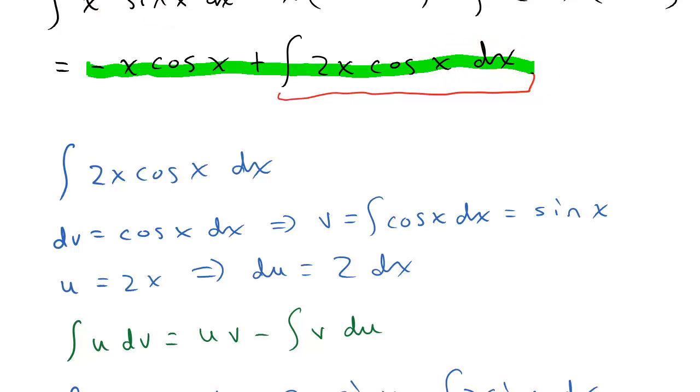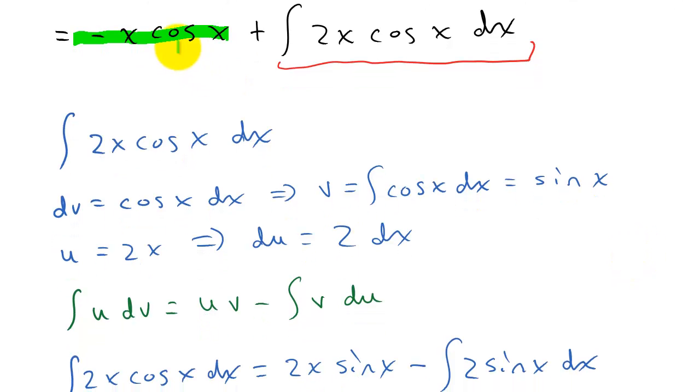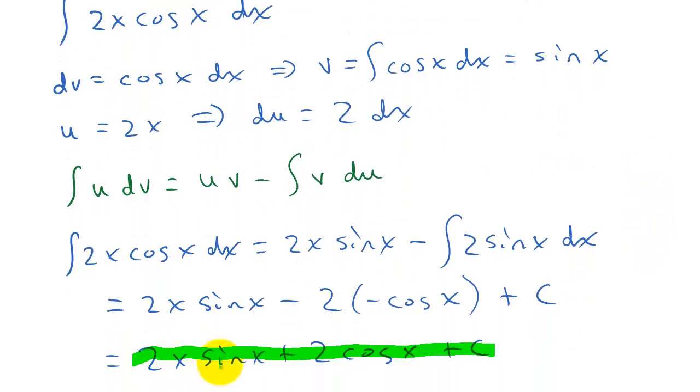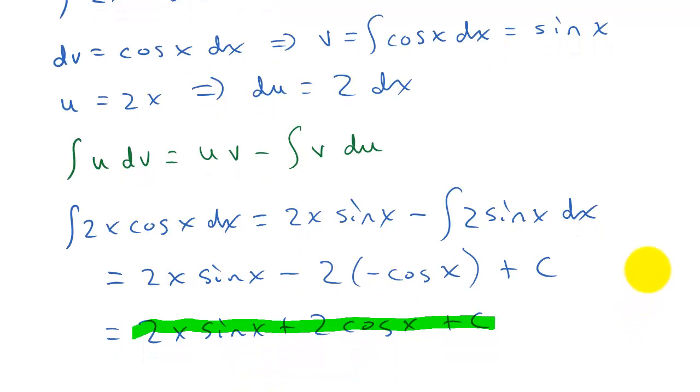I'm sorry, and this result. The negative x squared cosine x and the 2x sine x plus 2 cosine x plus c.